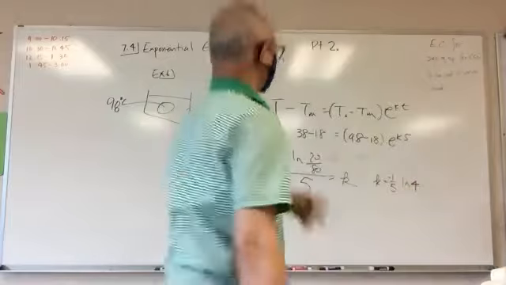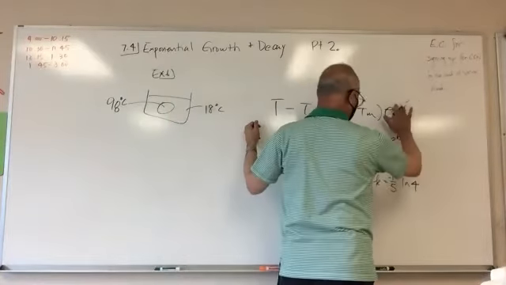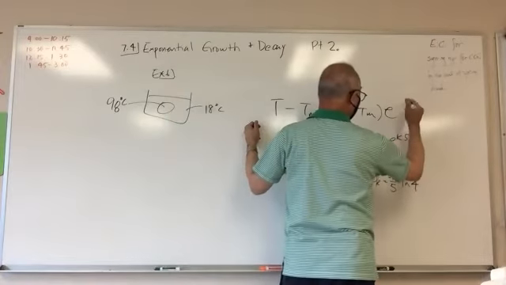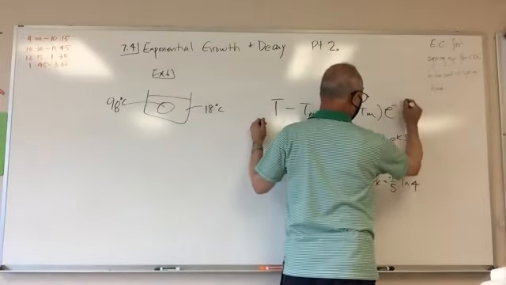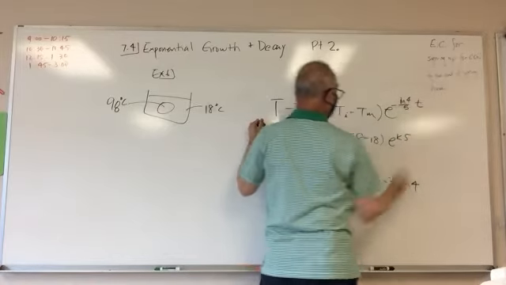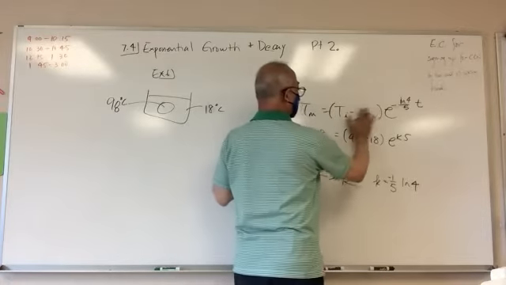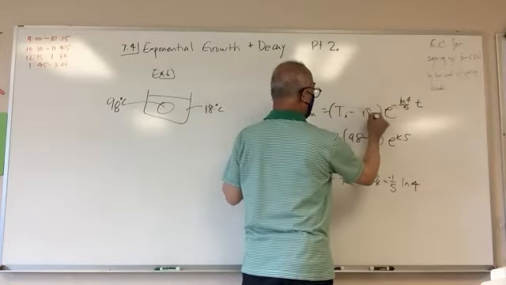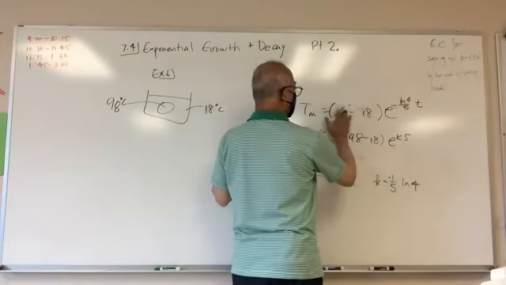So in other words, I'm going to go ahead and find that this is going to be -1 t. This was 18. This was 98.